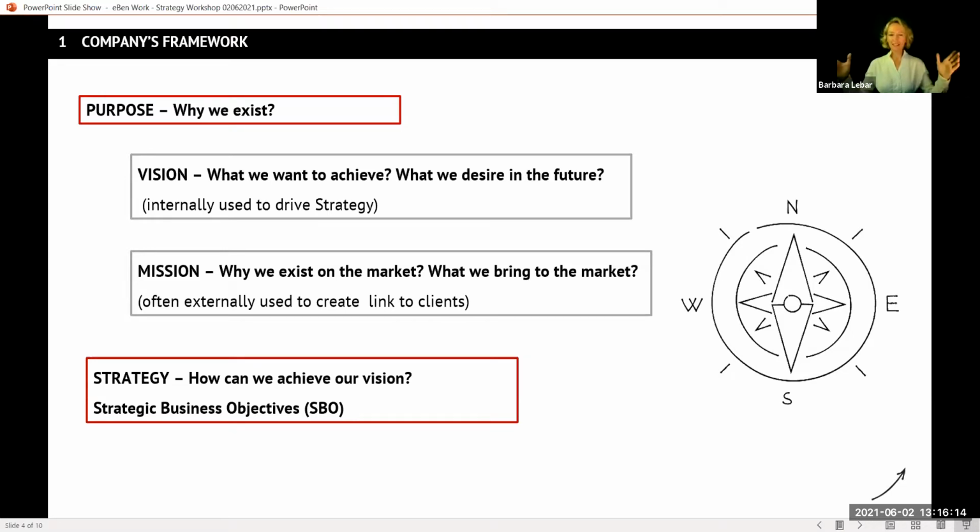So one sentence, one statement is not going to help us. That's why normally under strategy, we have so-called strategic business objectives. You will often see this abbreviation SBO. And this means what? What are the key objectives that we would like to achieve in a long-term strategic way?